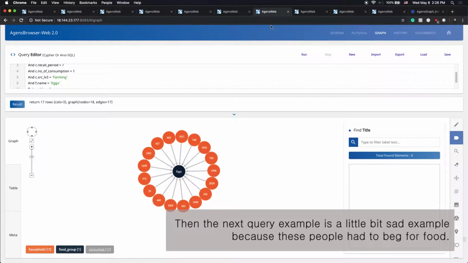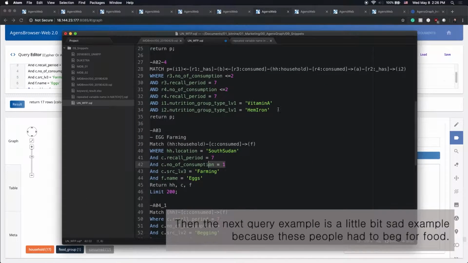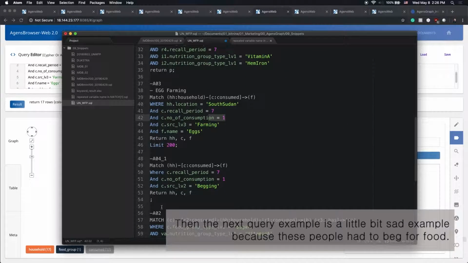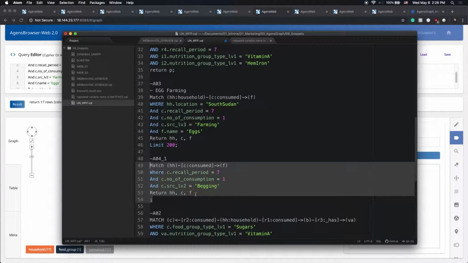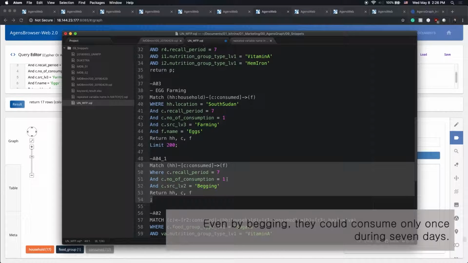The next query example is a little bit sad, because these people had to beg for food. And even by begging, they could consume only once during 7 days.